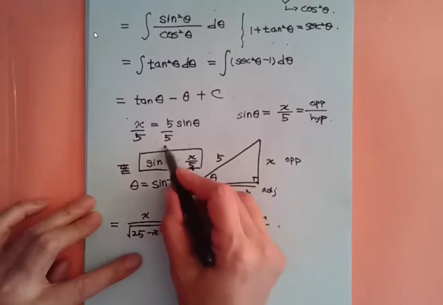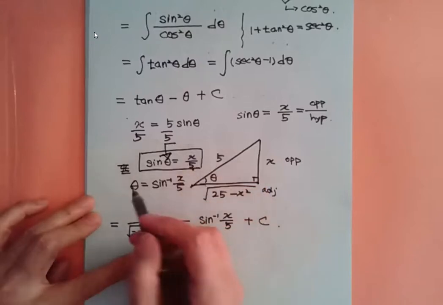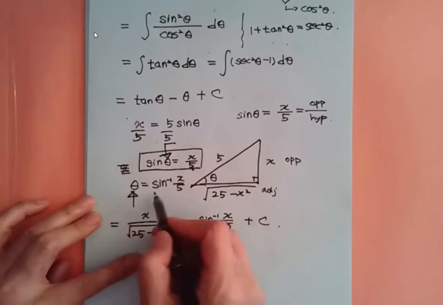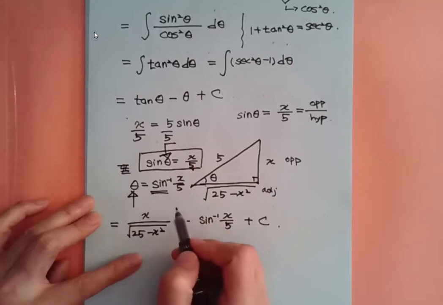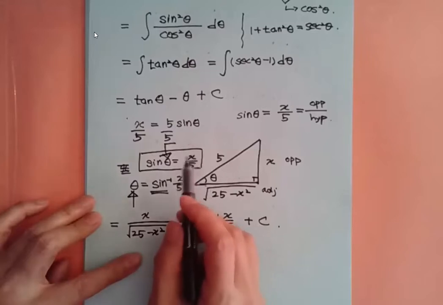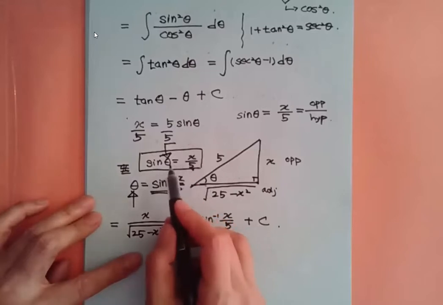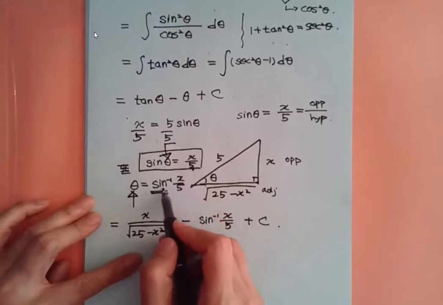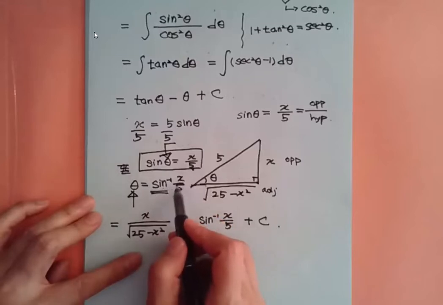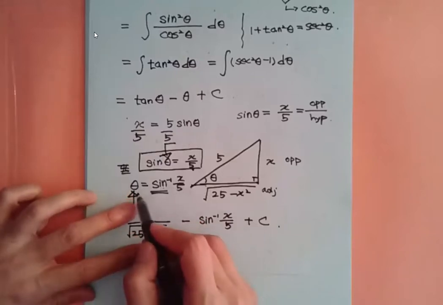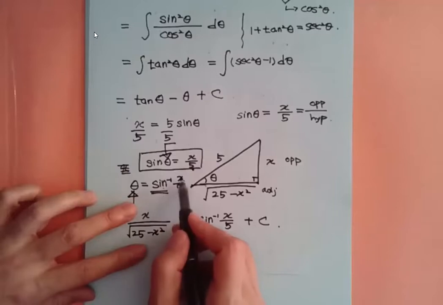Theta can be represented as the inverse sine function's image, because in the inverse sine function, the input and output are switched. So by putting sine inverse, we can make theta an output. So we just put sine inverse of x over 5.